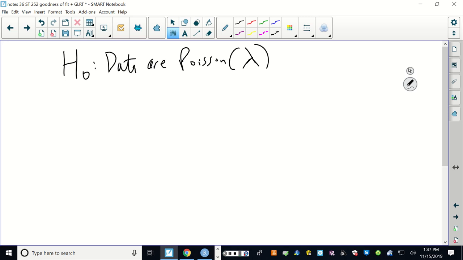This implies that the probability that you see some number of observations is lambda to the x, e to the negative lambda, over x factorial.